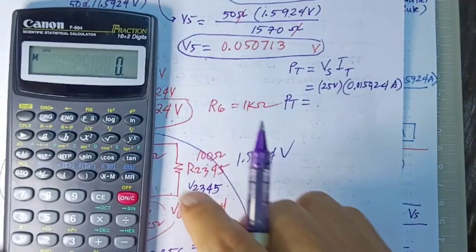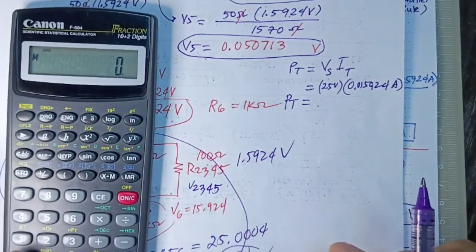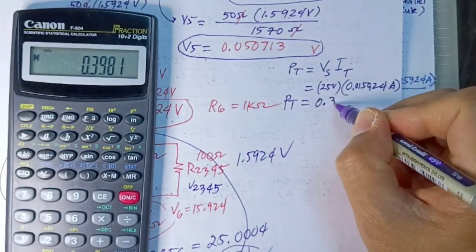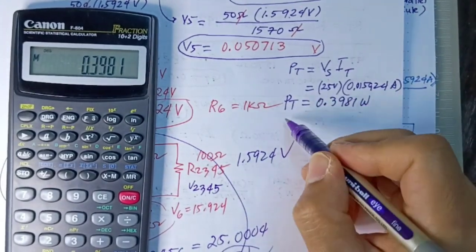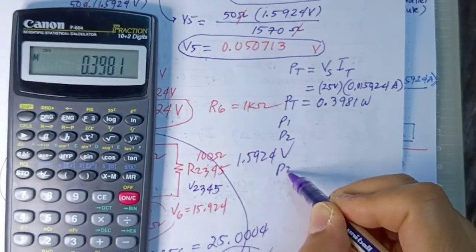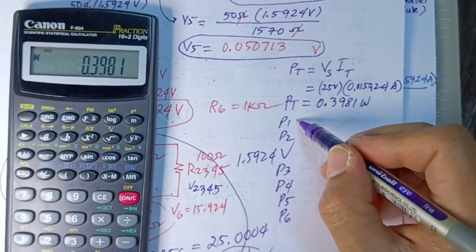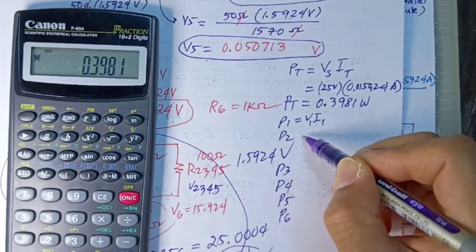So our PT will be equal to how much? 25 multiplied with 0.015924, you will get 0.3981 watts.